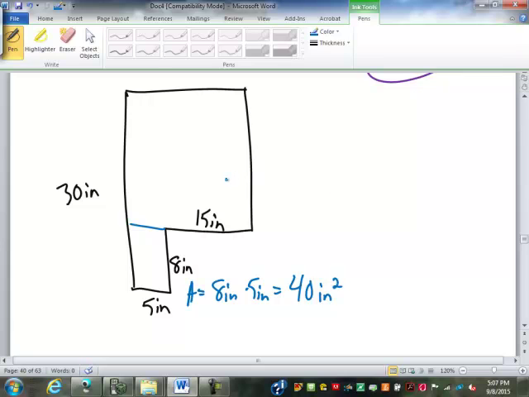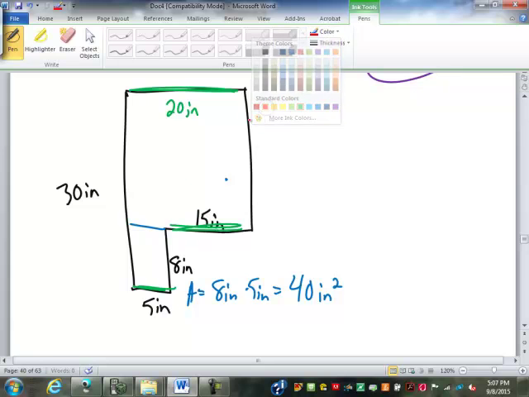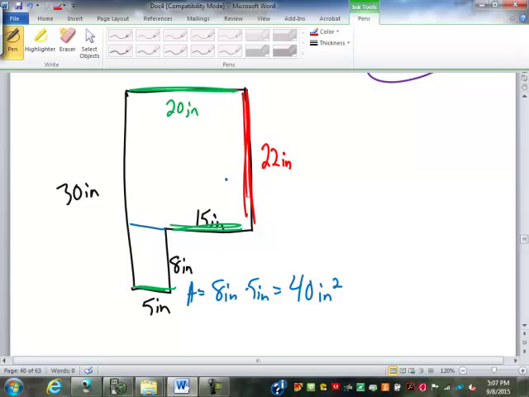What's this piece up here? Well, what's this dimension here going to be? 20. Because that dimension has to be this one plus this one. So 5 plus 15 gives us 20. What's this one going to be? 22. Very good. Because that dimension plus this one has to add up to the full 30.